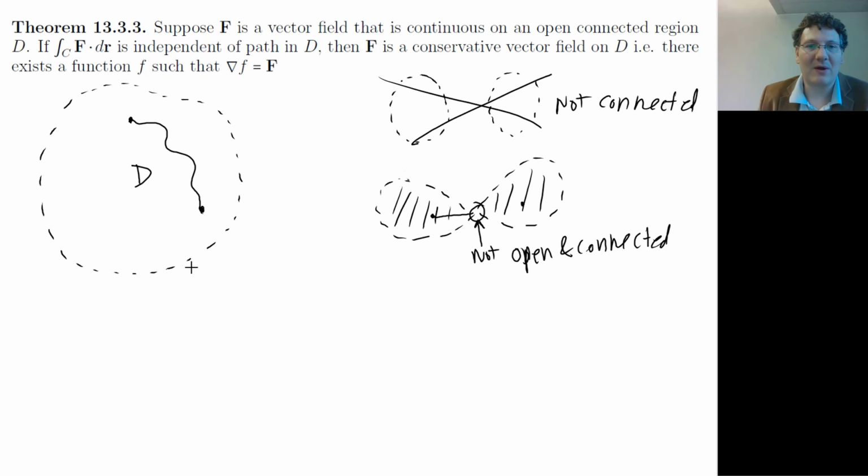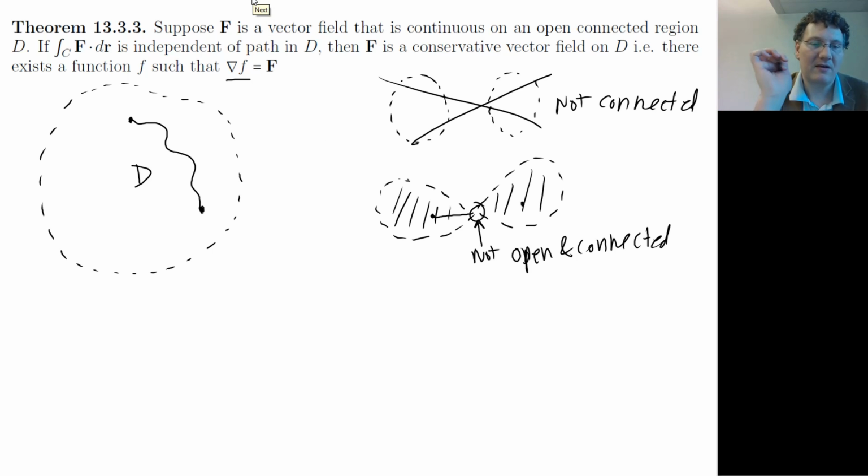Anyway, as long as you are on an open connected region D, if line integrals are independent of path on D, then that means that F is a conservative vector field. Remember, a conservative vector field means that you can always find some potential function f such that capital F is the gradient field for that potential function.